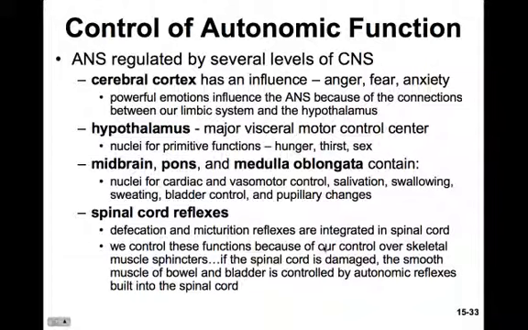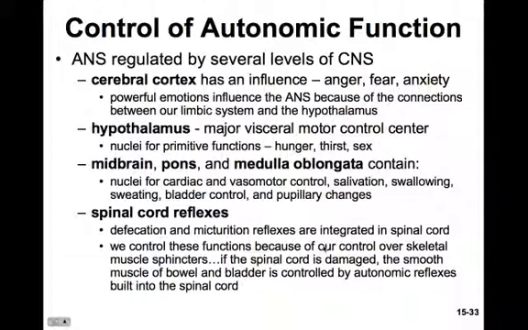For example, anger, fear, and anxiety. They're powerful emotions, and they influence the autonomic nervous system because of the connections between our limbic system and our hypothalamus. So, knowing this, you can then understand how it's possible, through the cerebral cortex, to modulate other autonomic functions also.